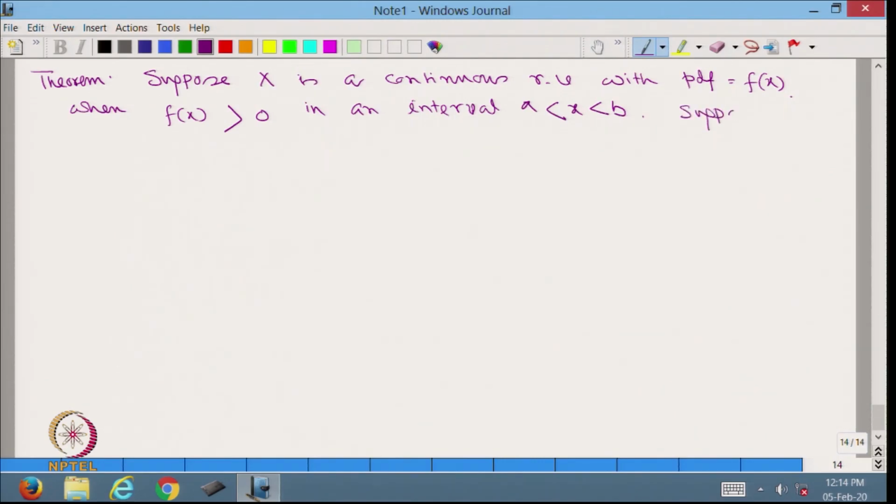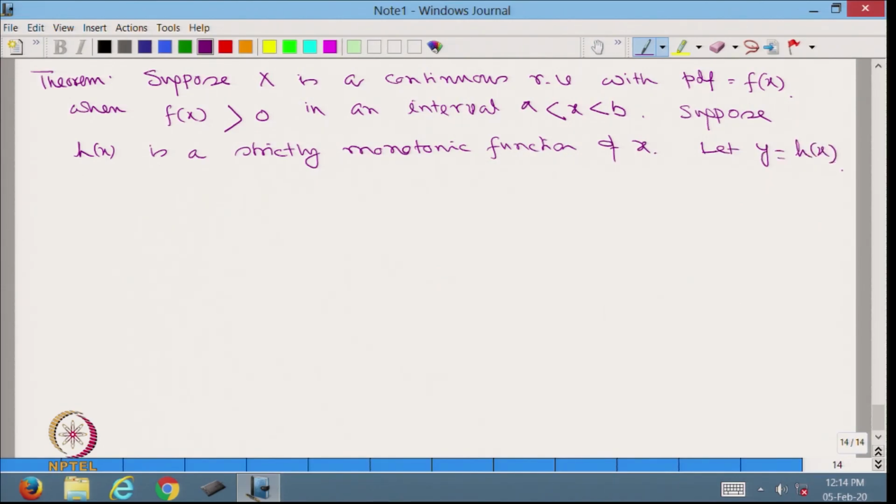Suppose H(x) is a strictly monotonic function of x. Let y be equal to h(x).